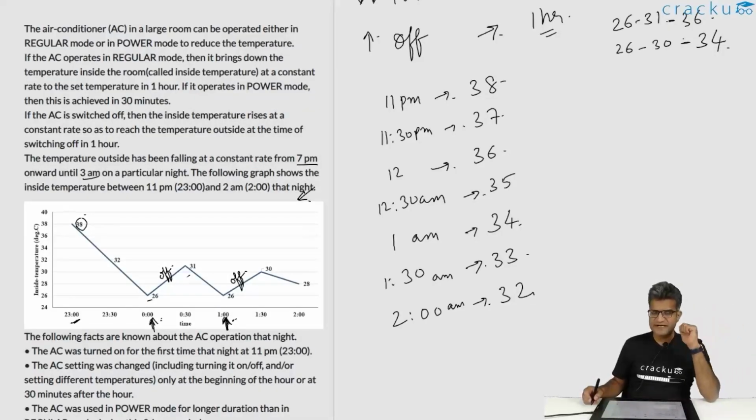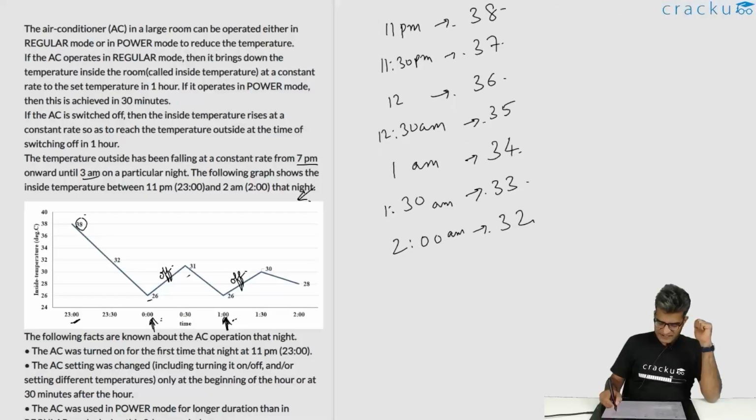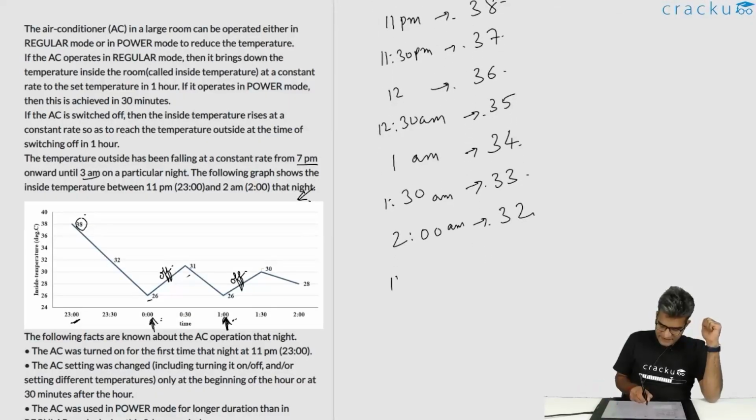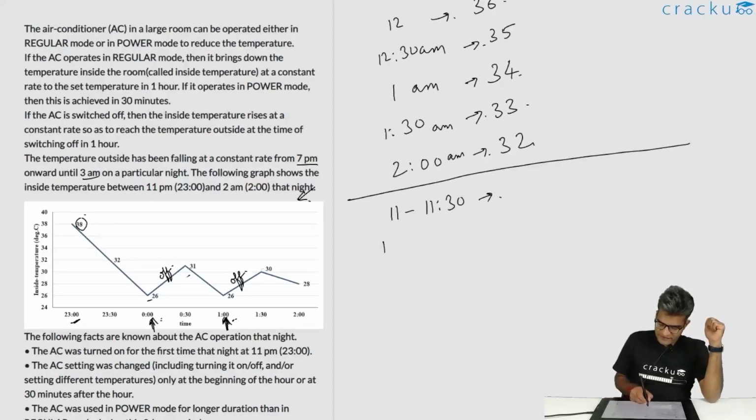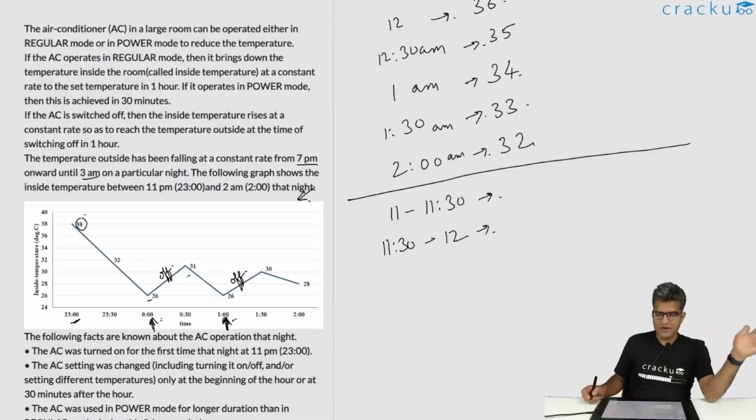Next, if you are looking at the intervals between say 11 p.m. to 11:30, then you have 11:30 to 12. We are looking at half an hour intervals to figure out whether the AC was in regular mode or power mode or was it switched off.